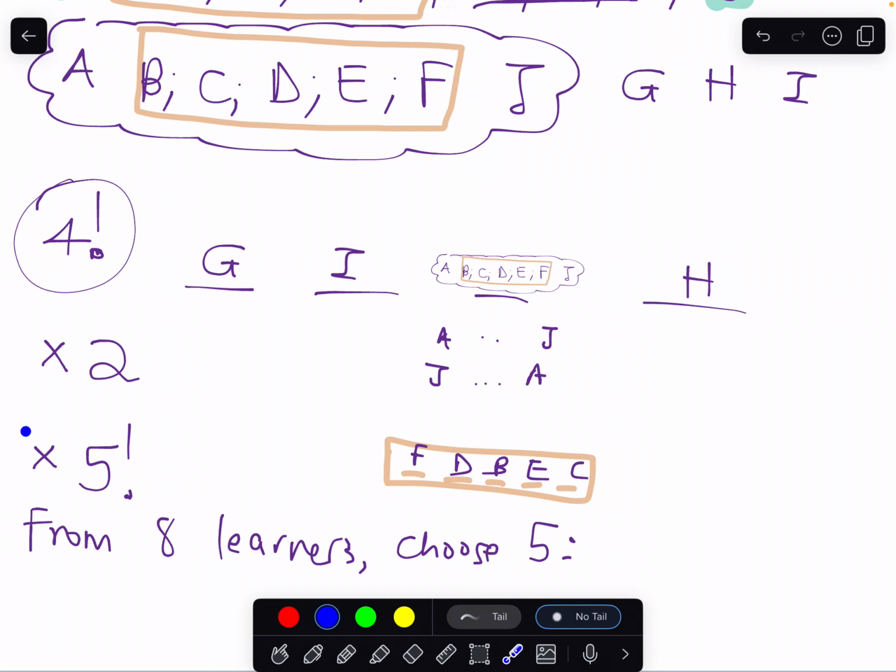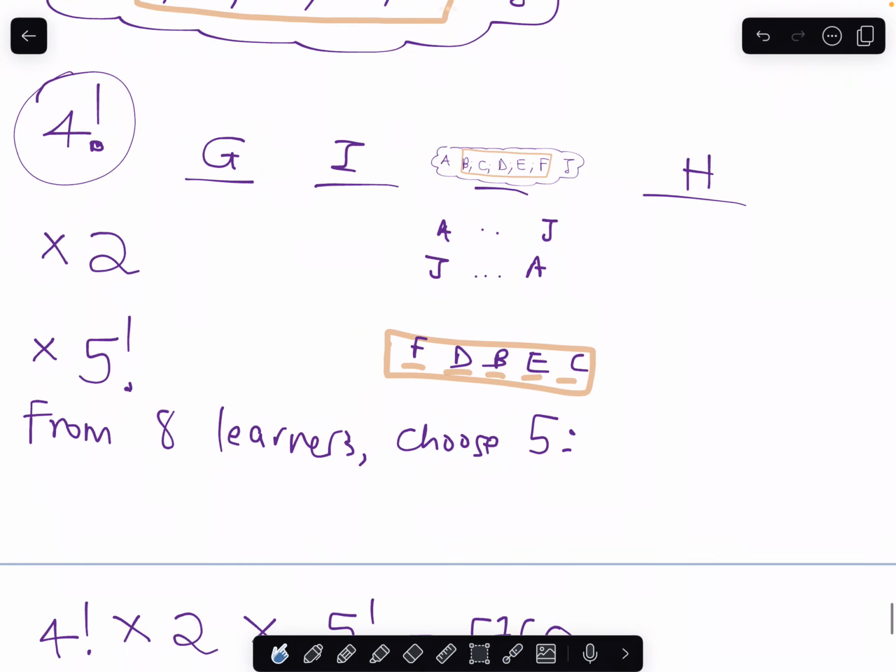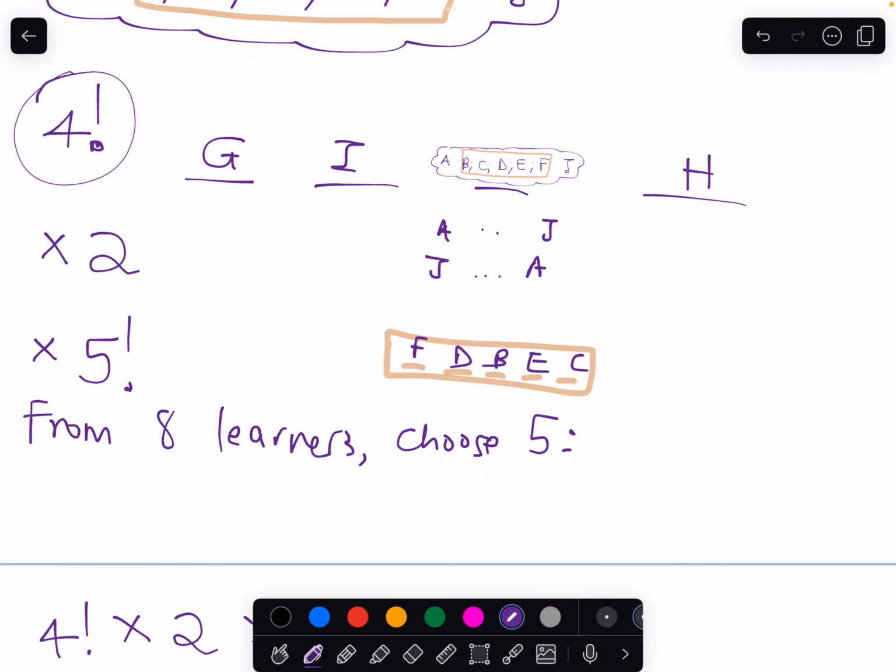So I guess we could get rid of this and just say, in how many ways is it possible to arrange 8 learners, and that would also take care of the 5. Anyway, it doesn't make sense to my brain to do it that way. I like to fragment my thinking a bit more. Okay, so from 8 learners, choose 5. Wait, my brain doesn't think like this either.